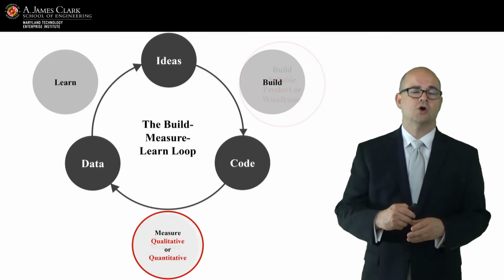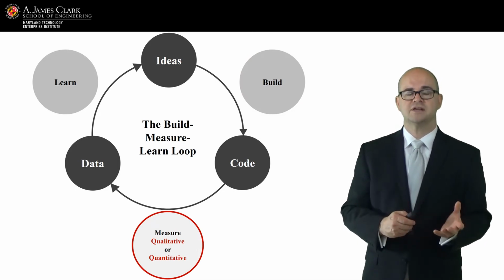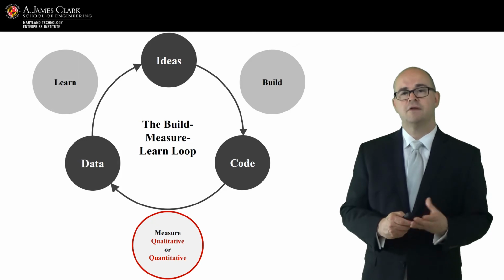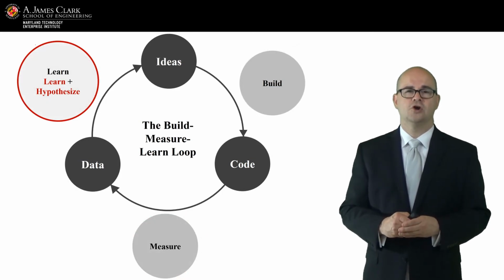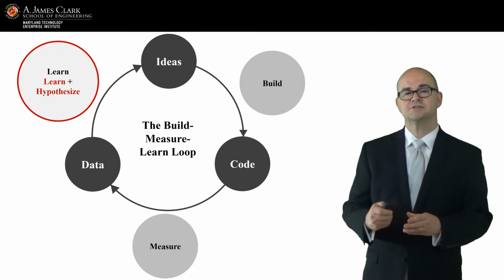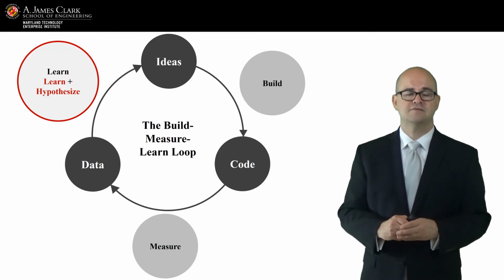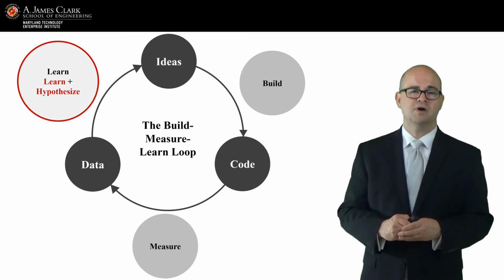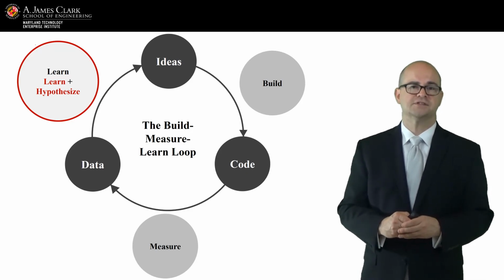From there, you go out, you see what people think about it. You measure qualitatively and quantitatively their reaction. And then you're learning. You're learning answers to the questions you've asked, or you might be developing some new hypotheses that you want to test as well. And this, again, is a circular activity that you do somewhat constantly, even after the product is launched in its final form.